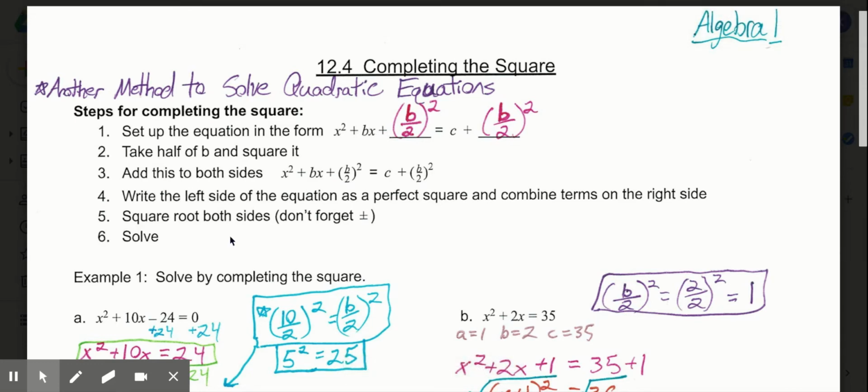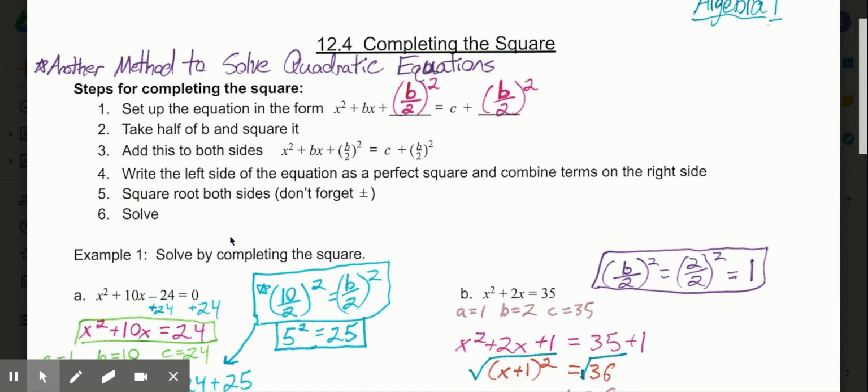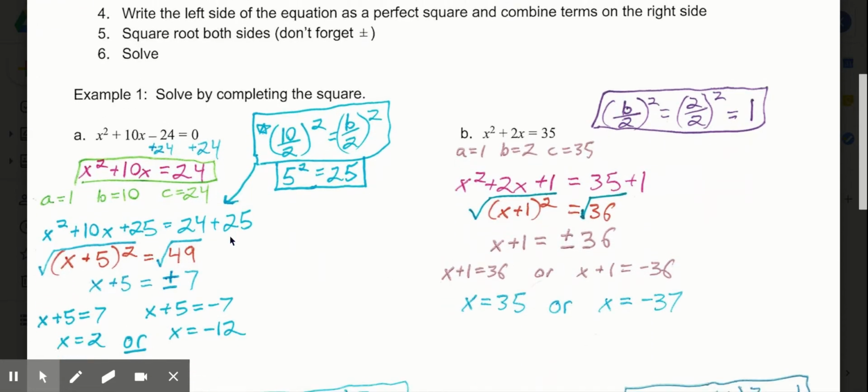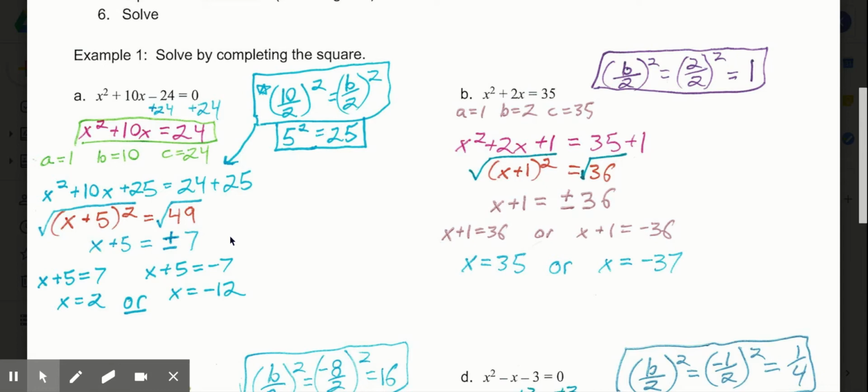So we are going to look at 4 different examples of how to go through this process of completing the square. So if we look at example A, we have x squared plus 10x minus 24 equals 0.